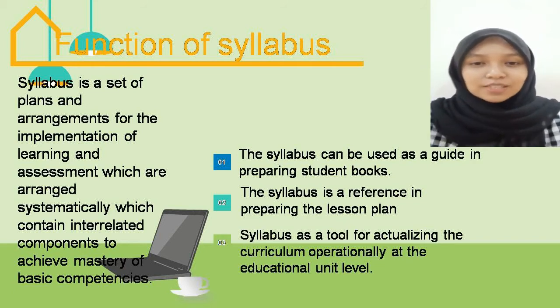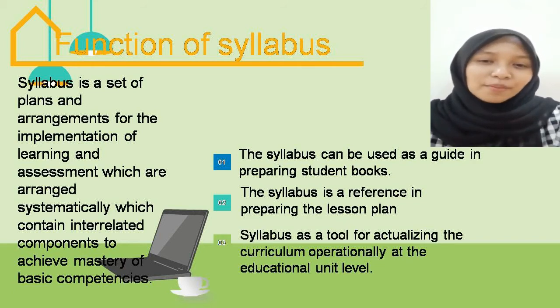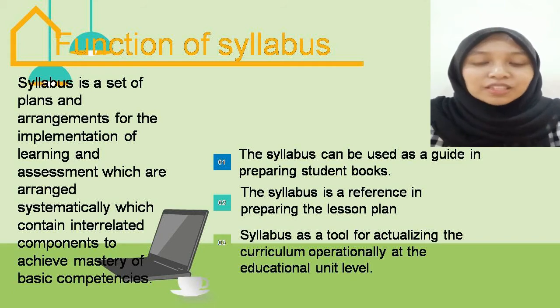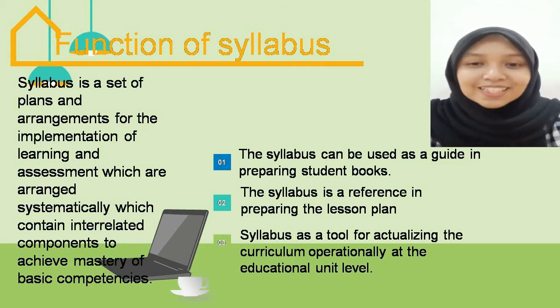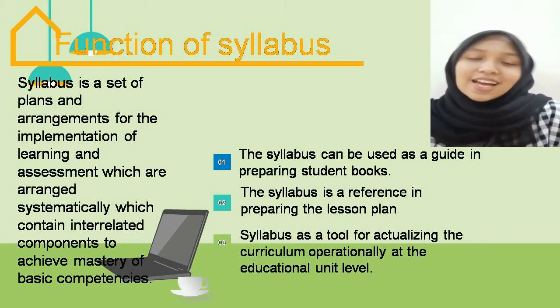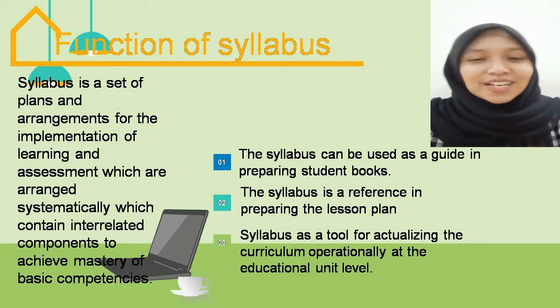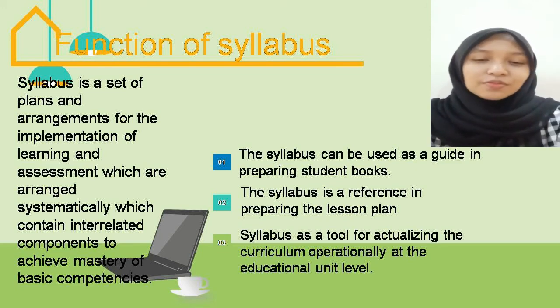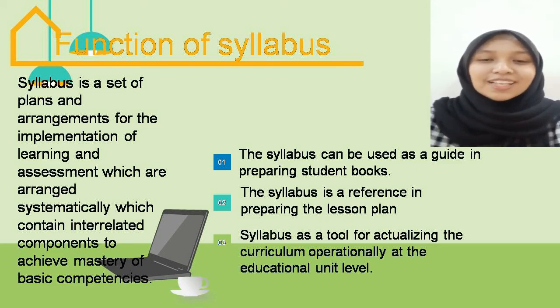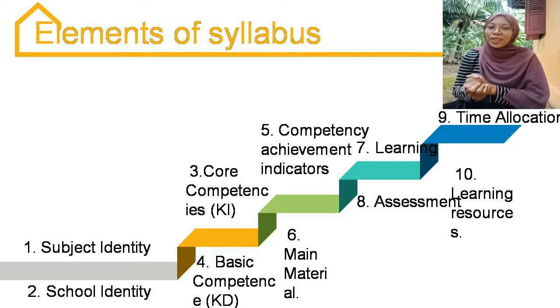Seventh, flexible. The entire syllabus component can accommodate the variety of learners, education, and the dynamics of changes that occur in the social and community demands. And the last is comprehensive. The components of the syllabus cover the entire domain of competence: cognitive, affective, and psychomotor. That's all for me. Assalamualaikum warahmatullahi wabarakatuh.